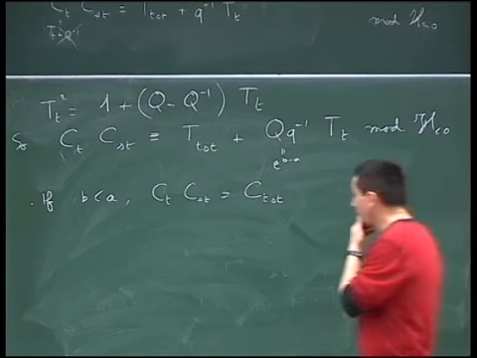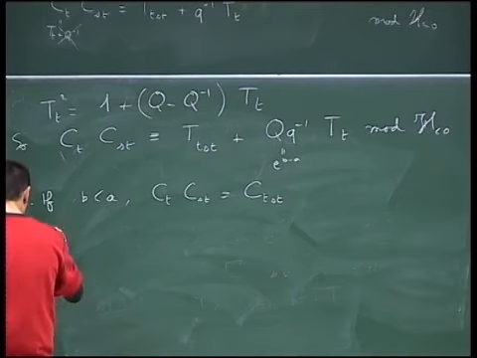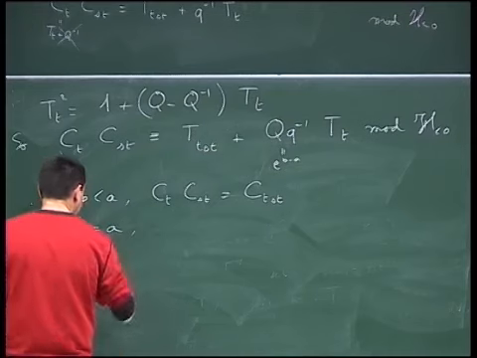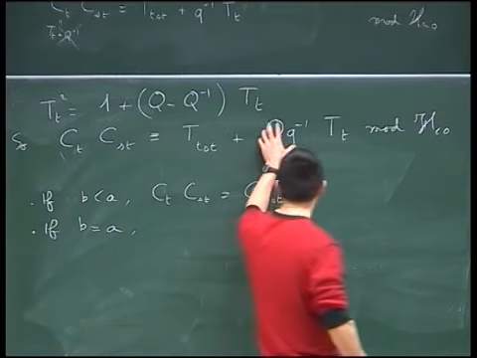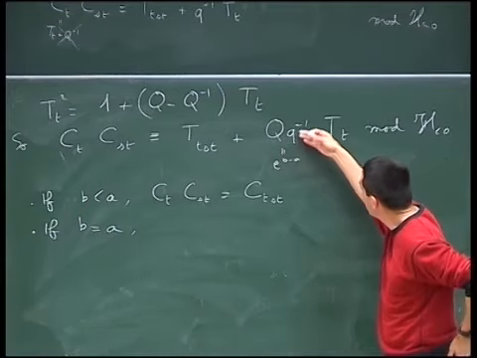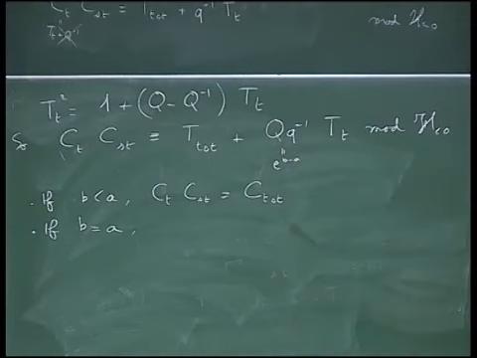If B is equal to A, this is allowed, then you get here a coefficient which is equal to 1. 1 is not in the negative part.